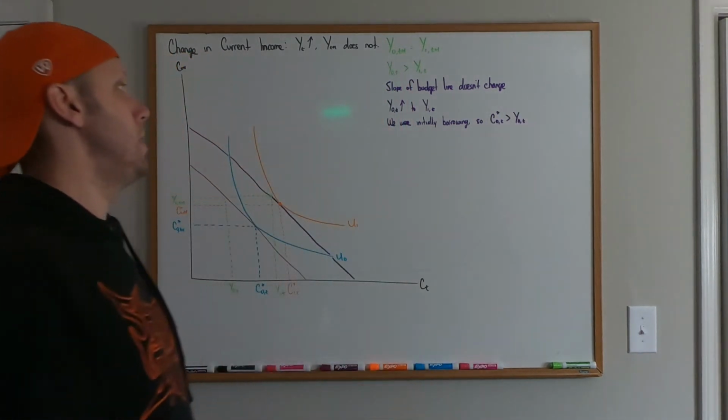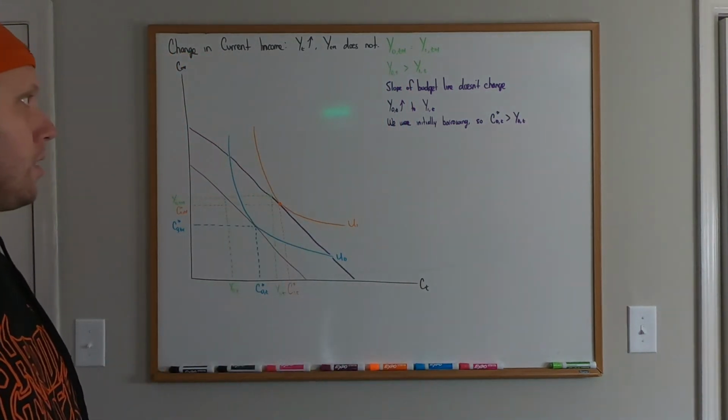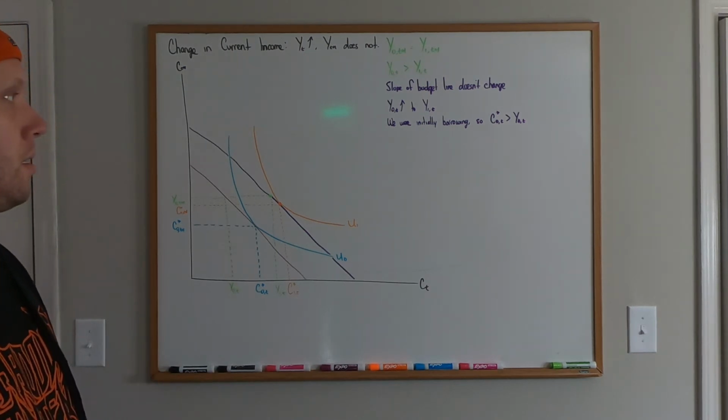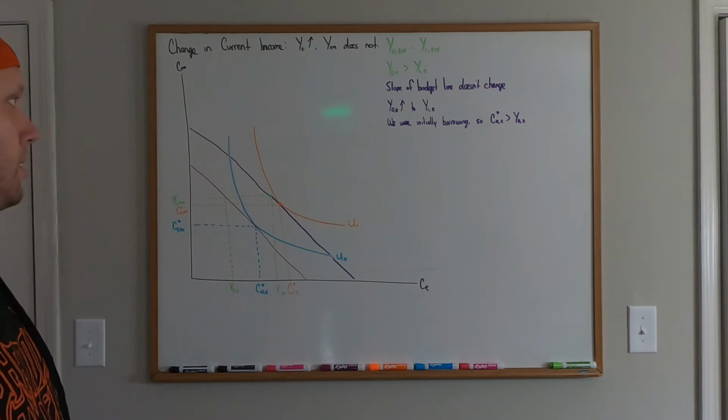So what that meant was the initial consumption in period 1, C0T, was larger than Y0T.